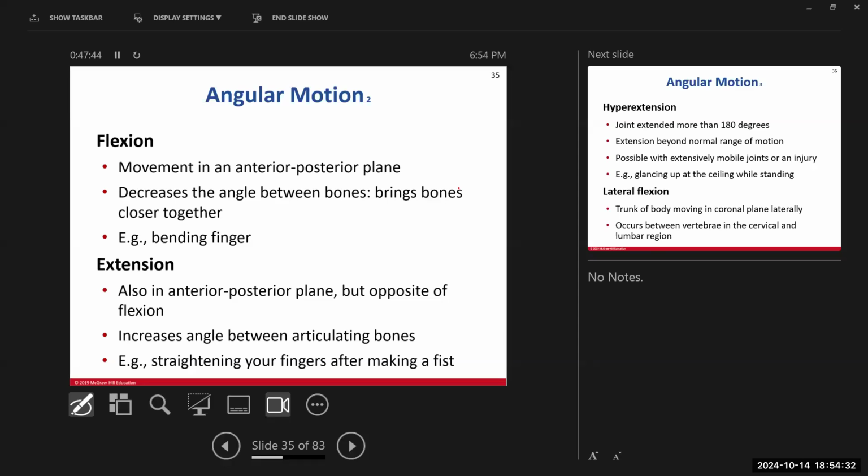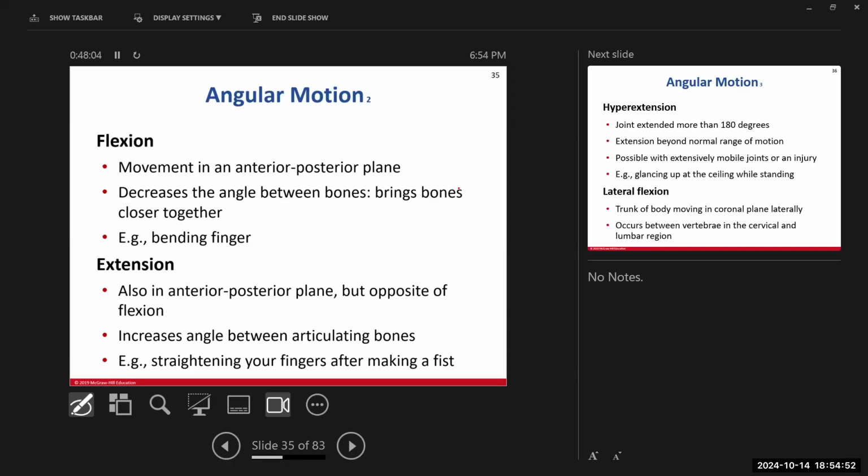When you make a fist, that's what happens with your phalanges. You're flexing and bending your fingers, and the angles between the phalanges get closer together. So flexion of my elbow, bending my elbow, I am doing this.